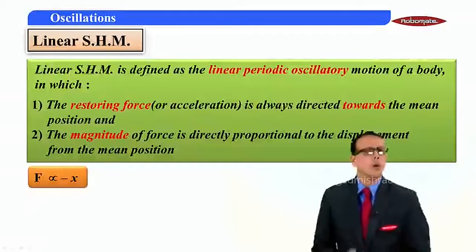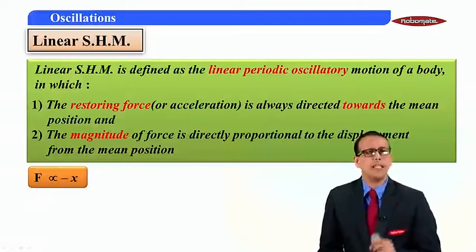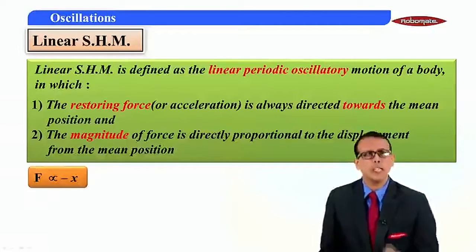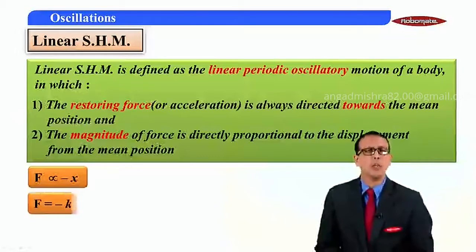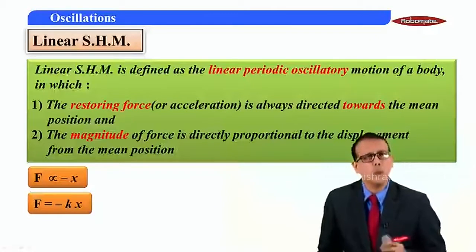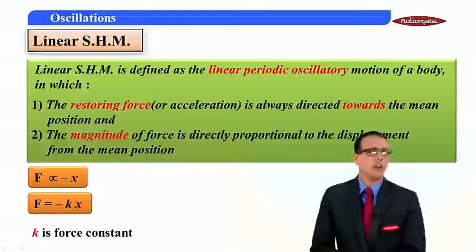Next, mathematically this can be expressed as F is proportional to minus x. The proportionality sign is removed by a constant k, which we have already seen in the last module. So, I can write it as F is equal to minus kx, where k is a constant called the force constant.